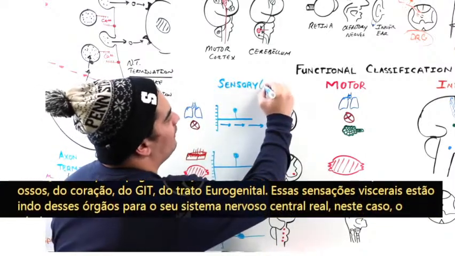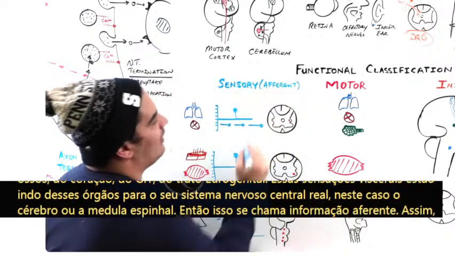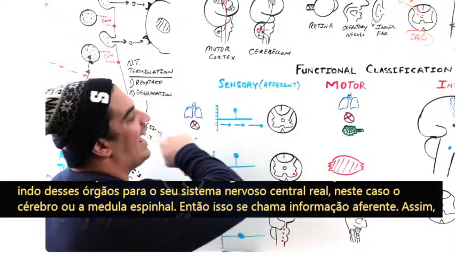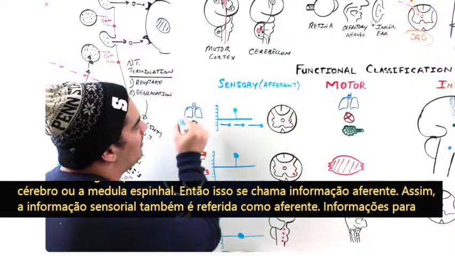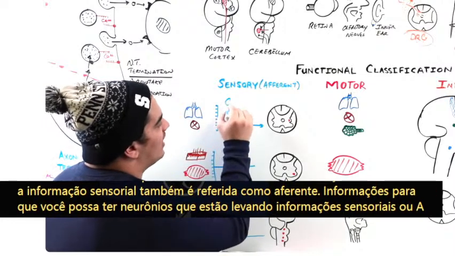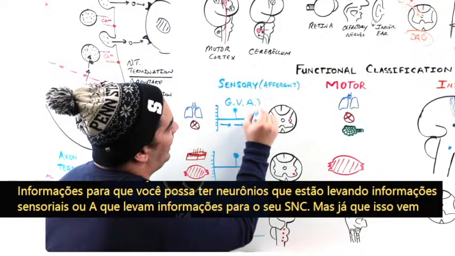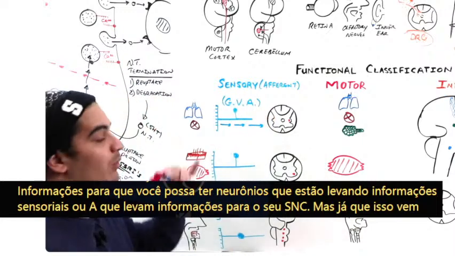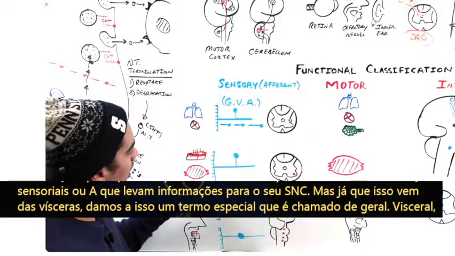So sensory information is also referred to as afferent information. So you can have neurons that are taking sensory information or afferent information to your CNS. But since this is coming from the viscera, we give this a special term, which is called general visceral afferent neurons. This is a term that will come up later in the lectures, okay? It's important to know that one.